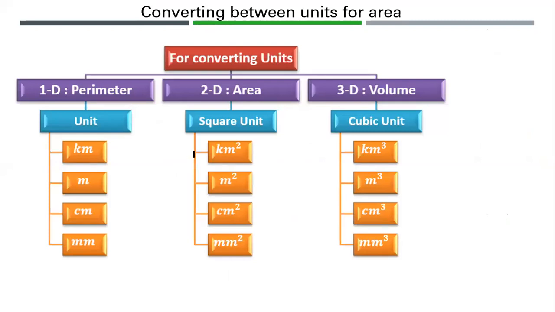Now, we used to talk about converting units, and we have three shapes or three dimensions that we can talk about. Sometimes we only have one dimension, and mathematically, we're talking about the perimeter of a shape. If we're talking about two dimensions, mathematically, we're talking about an area.